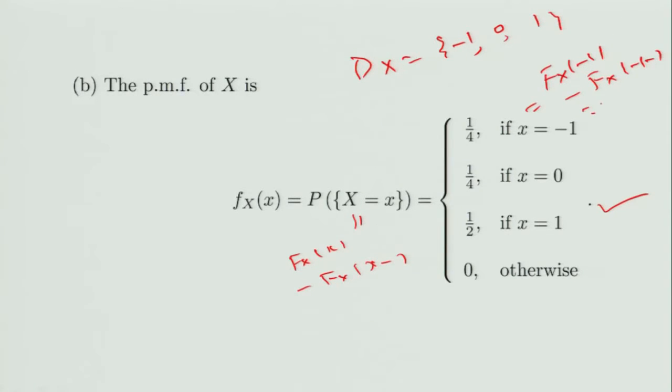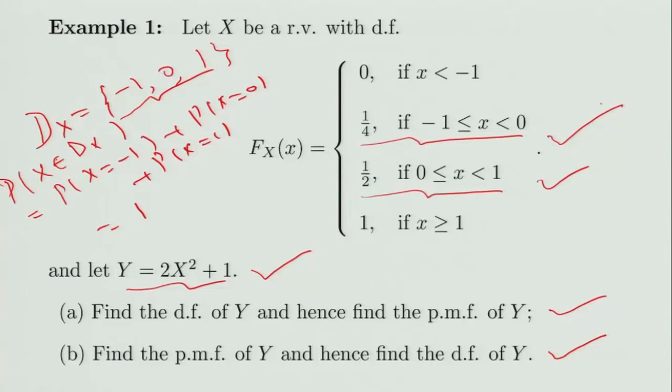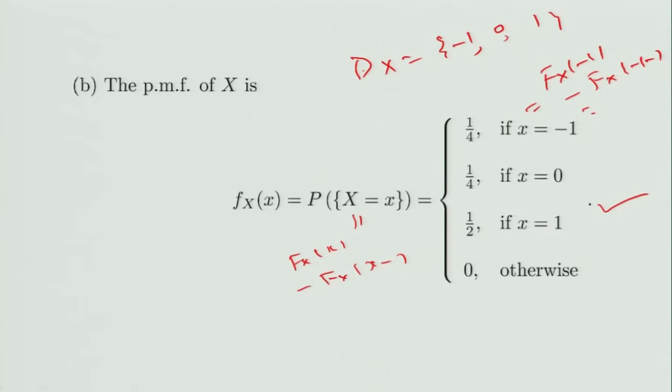If I go back, I look at F_X(minus 1) is 1 by 4, F_X(minus 1 minus) is 0. So this turns out to be 1 by 4 minus 0, which is 1 by 4.